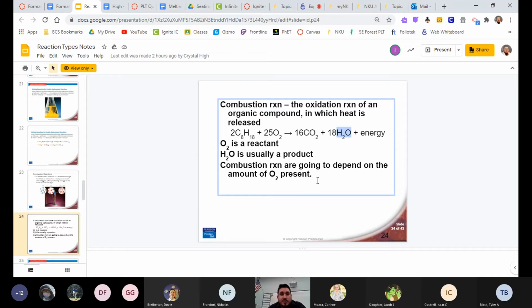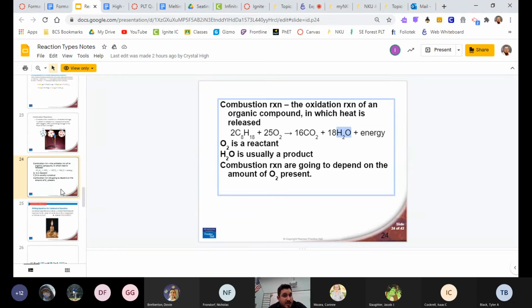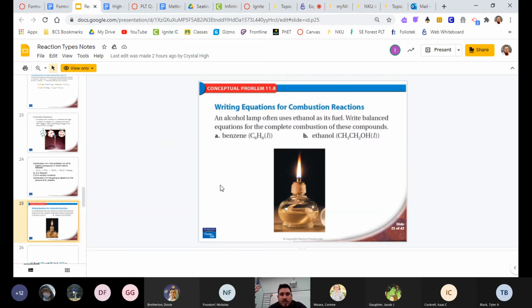So, combustion reactions are going to depend on the amount of oxygen that is available. However, typically oxygen is always available because we live in an oxygen environment. So if you shut off the oxygen, you can stop the reaction. Benzene is very common.